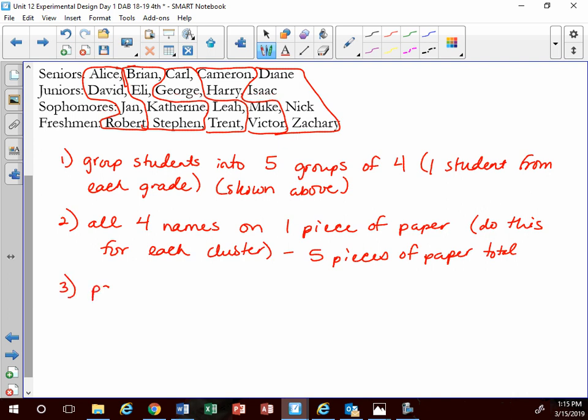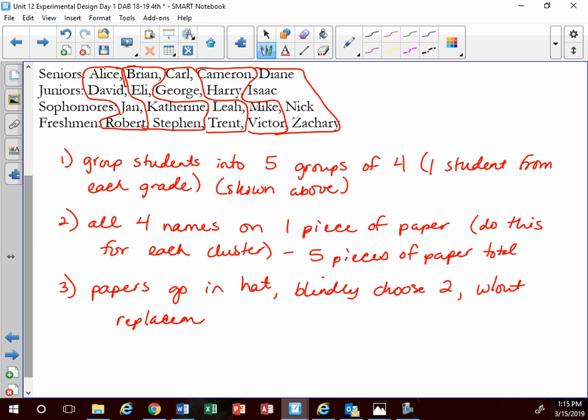Papers go in the hat. Blindly choose 2, without replacement. And those 8 students go into the sample.